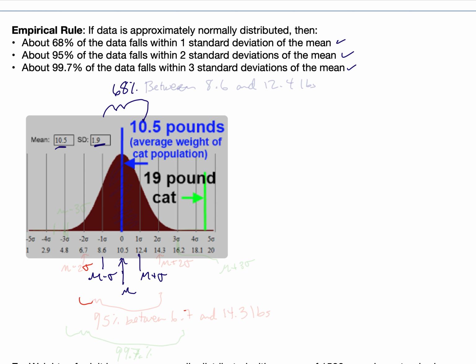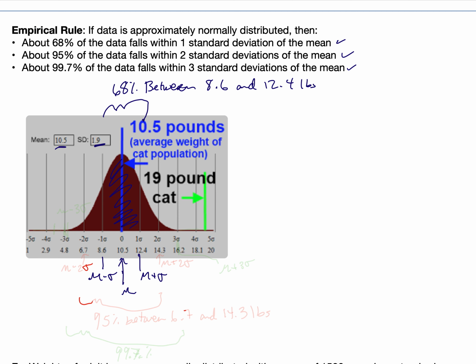So 68% of the data values are between 8.6 and 12.4 pounds. We see that here is this large chunk of data values. About 68% of cats are going to weigh between 8.6 and 12.4 pounds.